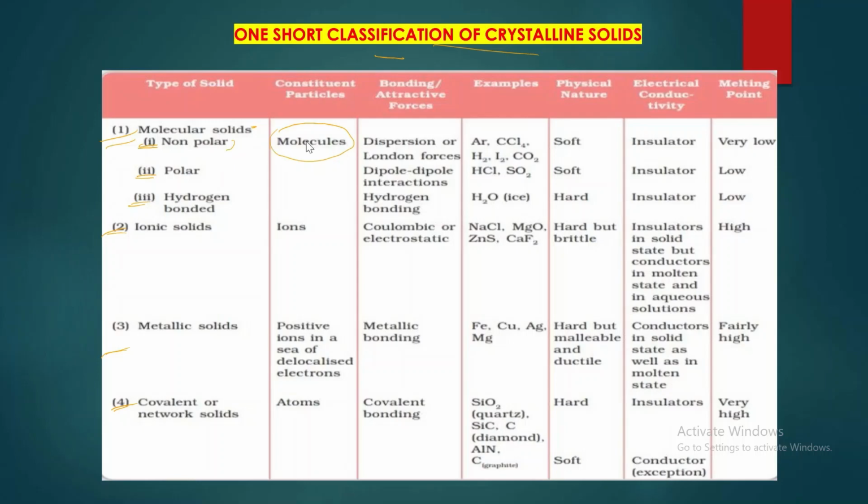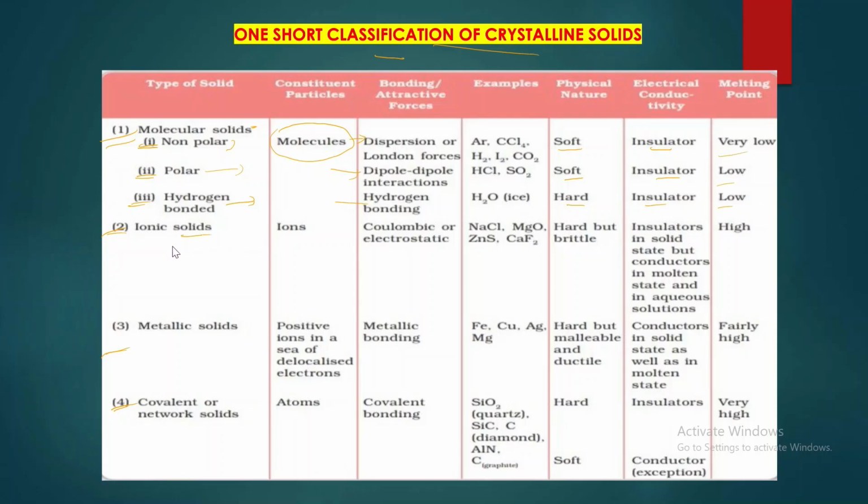In non-polar molecular solids, the molecules are bonded by dispersion or London force. In polar molecular solids, molecules are bonded by dipole interaction, and in hydrogen bonded molecular solids, molecules are bonded by hydrogen bonding. Here are examples and some physical properties. Non-polar and polar molecular solids are soft, and hydrogen bonded molecular solids are hard. They are insulators, and the melting point is low.